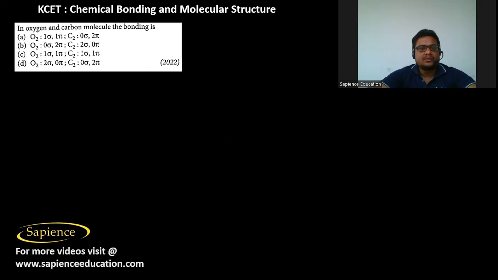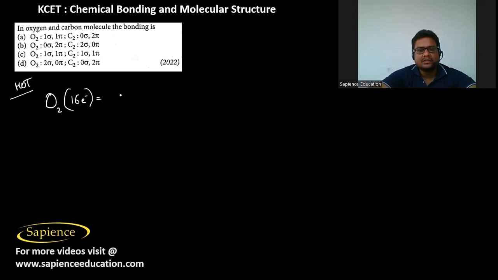Then it is told that in oxygen molecule, the bonding is. If we write the molecular electronic configuration of O2 in terms of the molecular orbital theory, then we know that O2 has got 16 electrons.